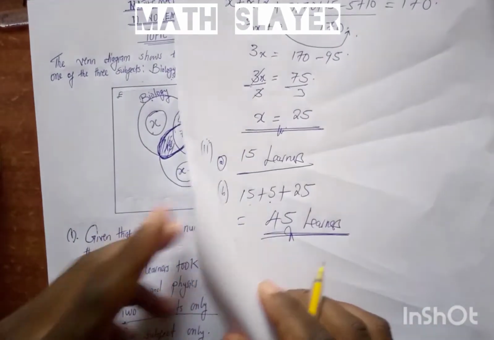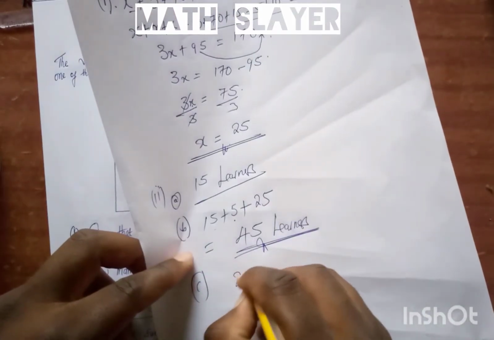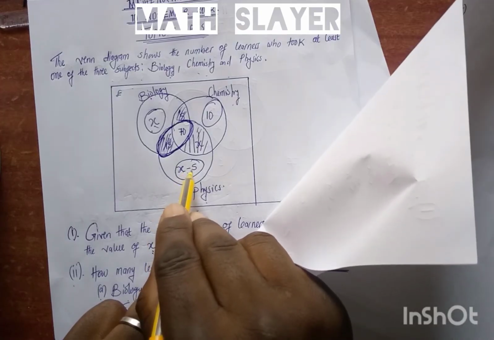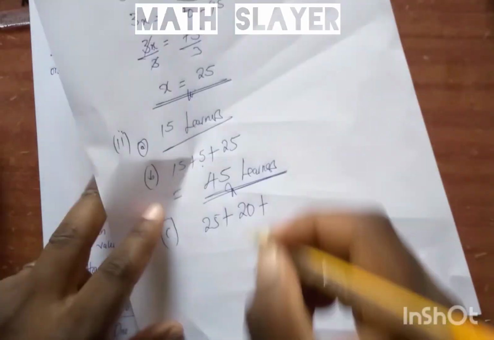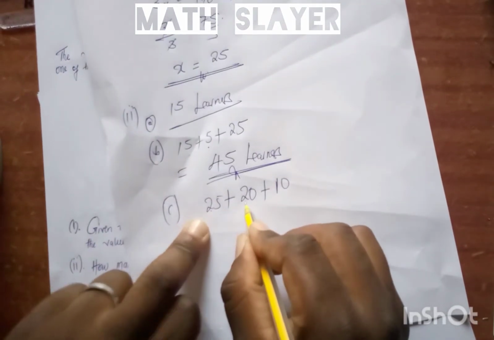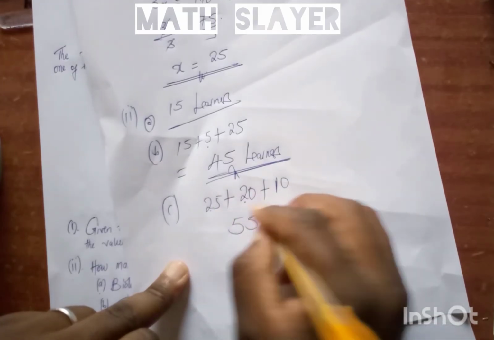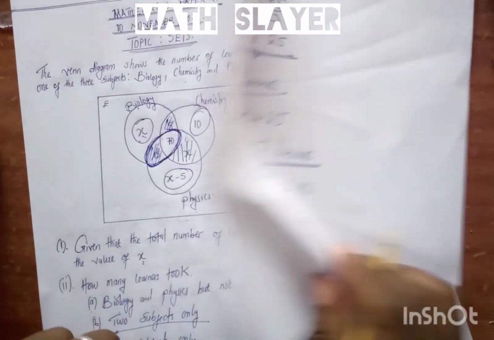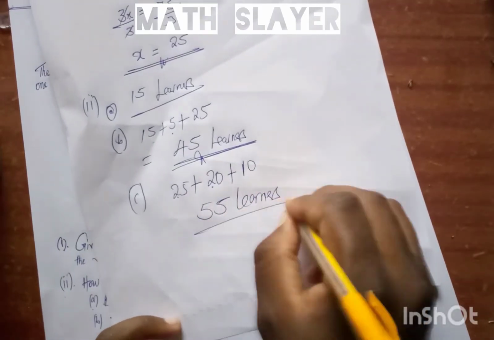This is question C, where the value of x is 25, plus the value of x minus 5, which is 20, plus 10. When we add 25 plus 20, it is 45. 45 plus 10 is 55. So we have 55 learners who took 1 subject only.